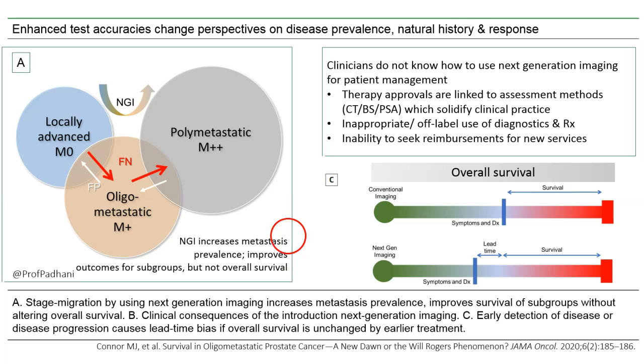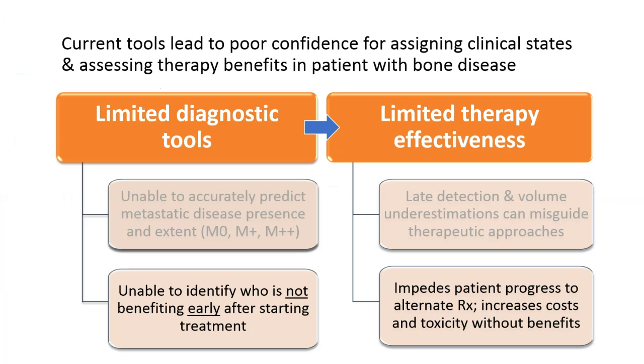But the problem is that clinicians don't know how to use next generation imaging for patient management because therapy approvals are linked to assessment methods, which tends to solidify practice, and this often leads to inappropriate or even off-label uses of diagnostics and in fact of treatments.